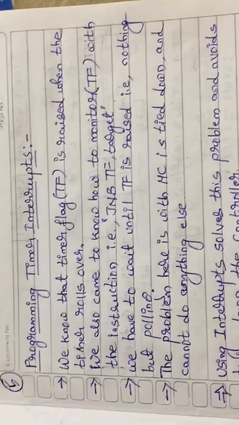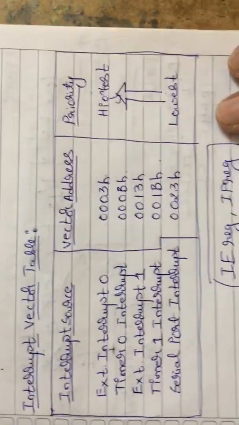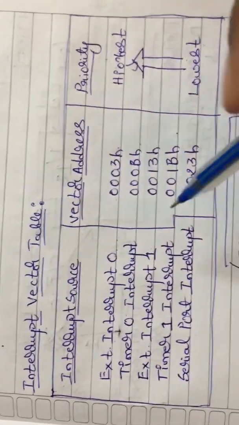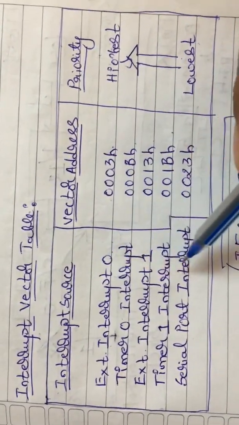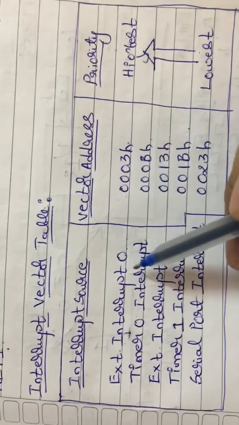As we saw in the third lecture, we have 5 interrupts in total.